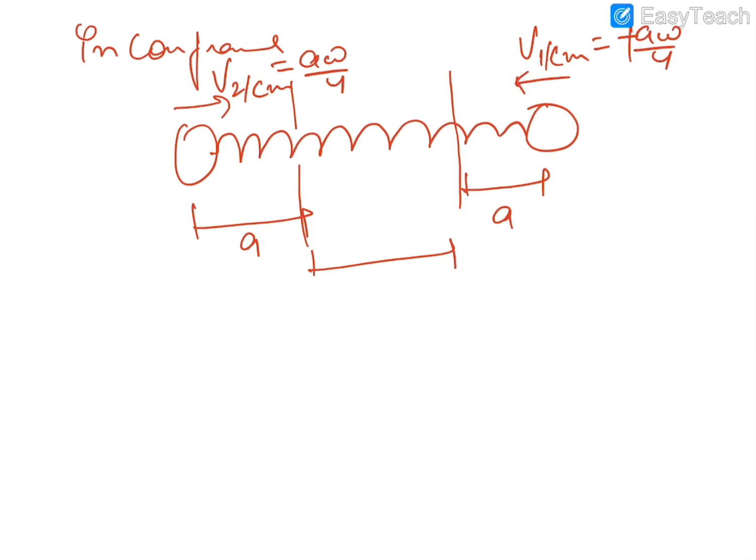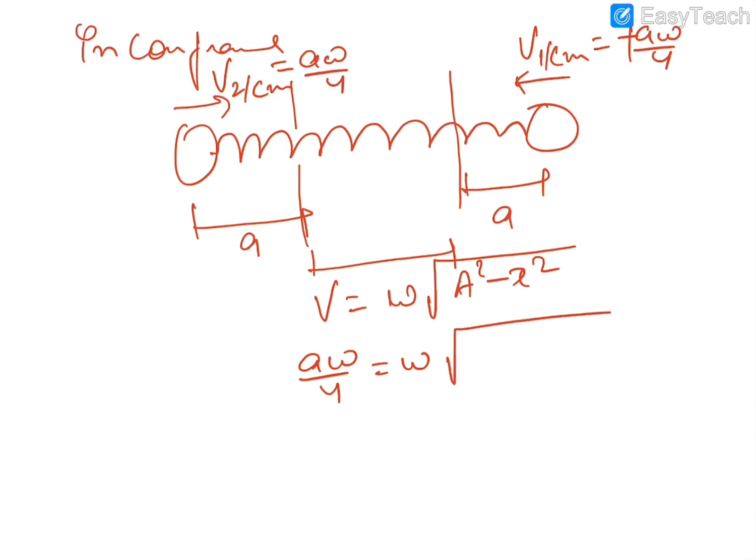Okay, now in this case we know that after collision the amplitude is b and it is not a, and there is a formula for velocity v, which is omega under root a square minus x square. The velocity of any one mass is a omega by 4, and omega will remain the same. A is the new amplitude, which is b, and x is the position from equilibrium.